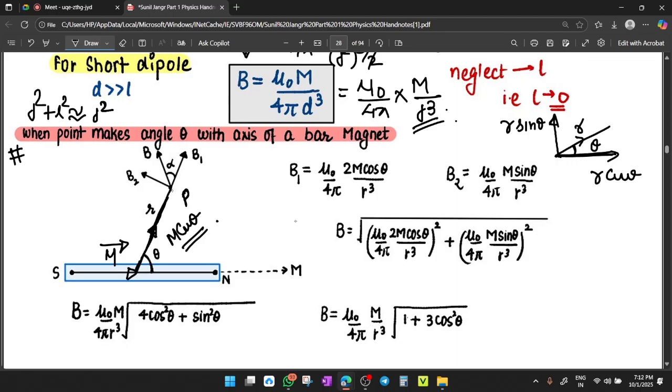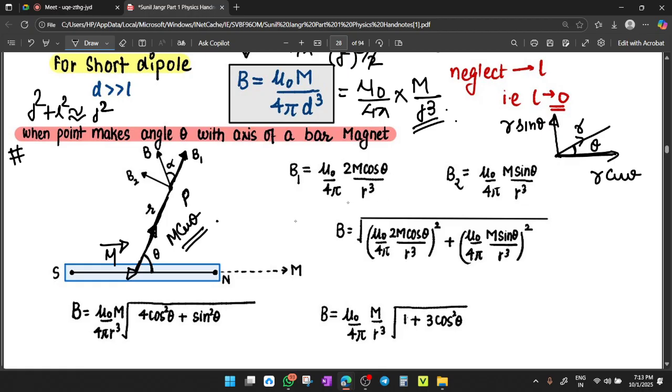Now the point P, if we consider the point P in axial position of m cos theta, then the first component acts in its axial direction, right? So it will be given as B1 equals mu naught upon 4 pi into 2m cos theta by r cube.